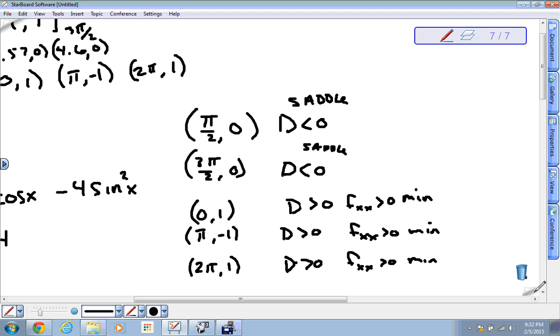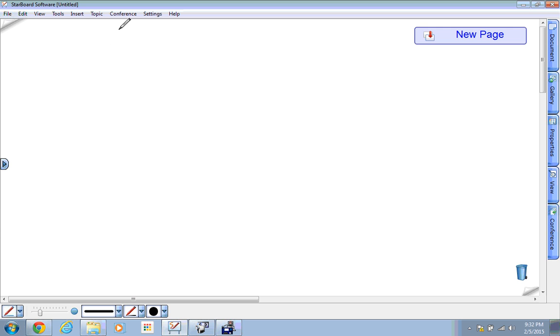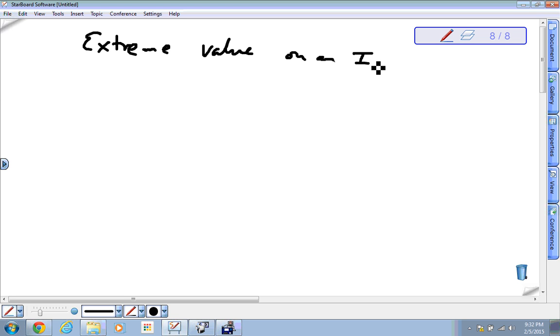And the extreme value theorem just says this. Your extreme values will occur where? Your extreme values on an interval.